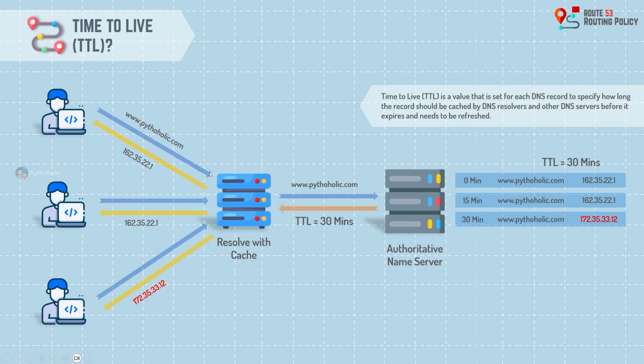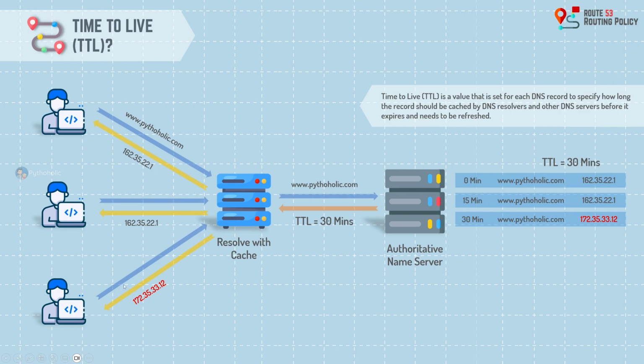So when the user sends the request for pythoholic.com, the resolver sends the request to the authoritative name server. And once it gets the IP back, it caches it for 30 minutes. And it sends the response to the user, that is the same IP address that it collects from the authoritative name server, which is 162.35.22.1. Similarly, this is what happens for the second user, who requests the website within 15 minutes.